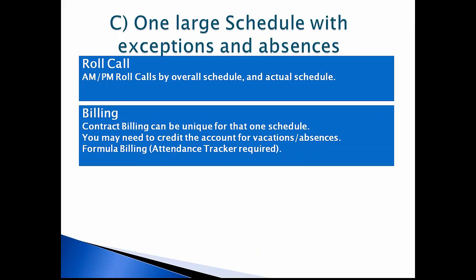We have the same problem here when we're using one large schedule for the summer. You'd have to know which kids are not coming for certain weeks. So this approach that I'm going through right now works very well if you have a summer program where most of your kids come either all summer or most of the summer, and there's a few exceptions or absences.